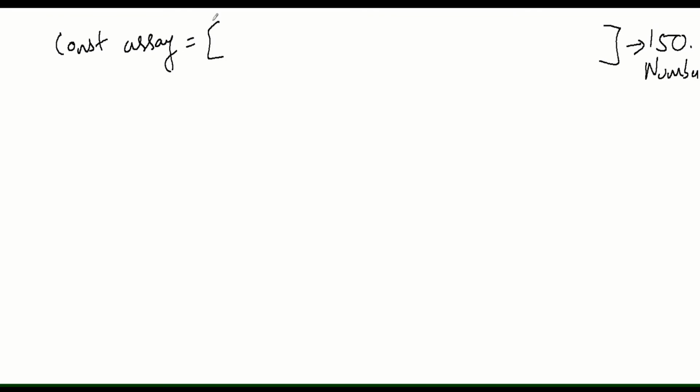Let's talk about performance now. So if we have an array of, let's say, 200 numbers, so const array equal to, let's say this is a huge array of, let's say 150 numbers, and let's say the item at 5th index is 2.